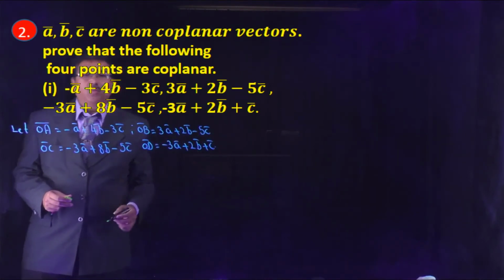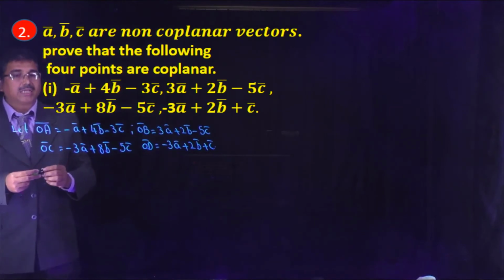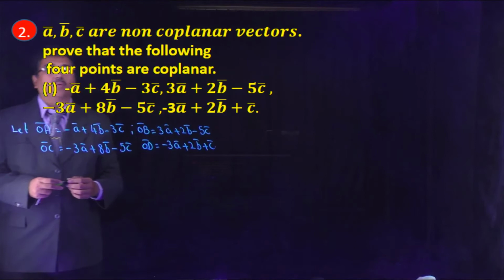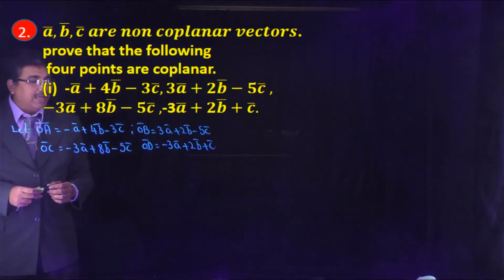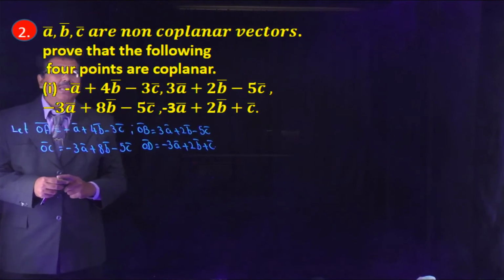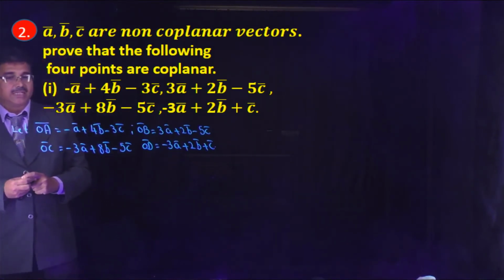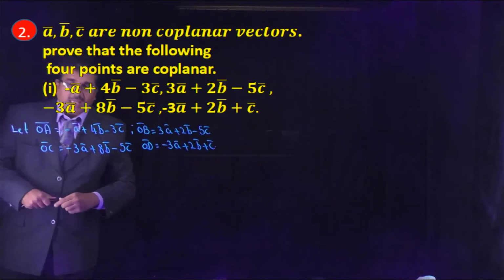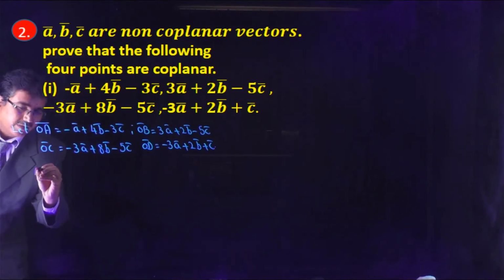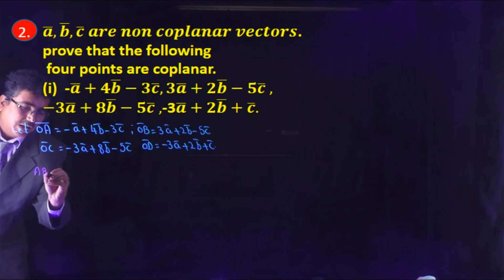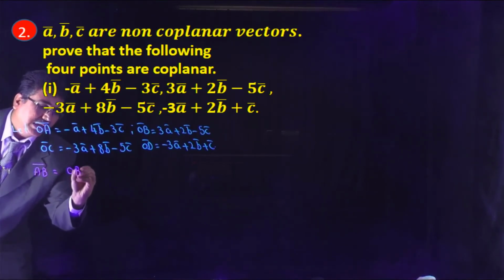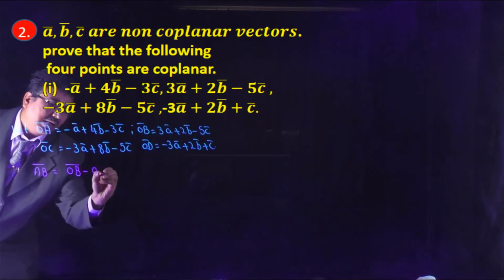For proving 4 points to be coplanar, first find the 3 vectors. AB bar is equal to position vector of B minus position vector of A.